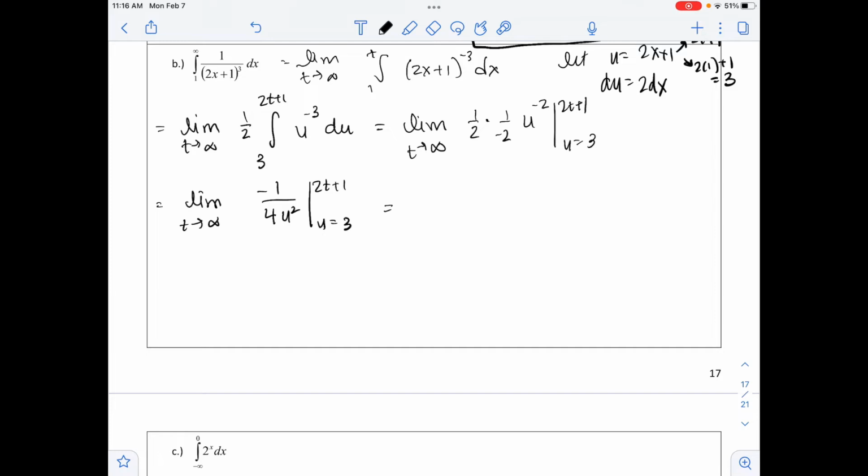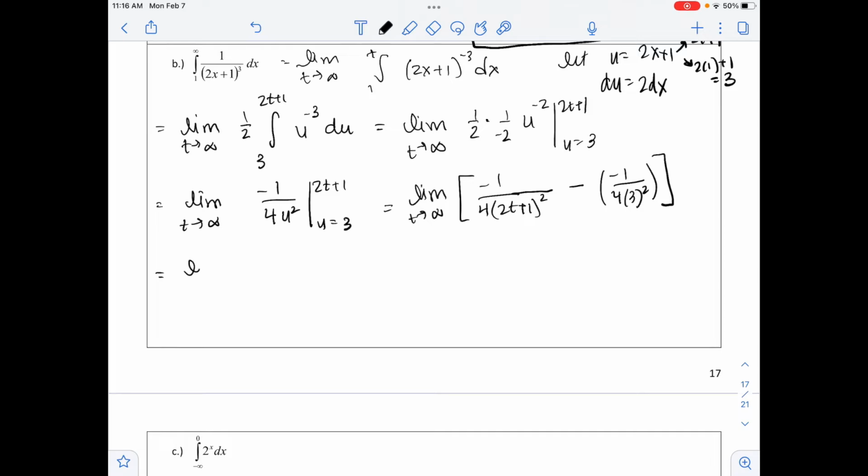And now we use the fundamental theorem of calculus and evaluate this. Again, continuously write that limit until we evaluate the limit. So we have the limit as t approaches infinity of negative 1 over 4u squared, which is 2t plus 1 squared, minus, and then evaluating this at 3, we're going to have negative 1 over 4 times 3 squared.